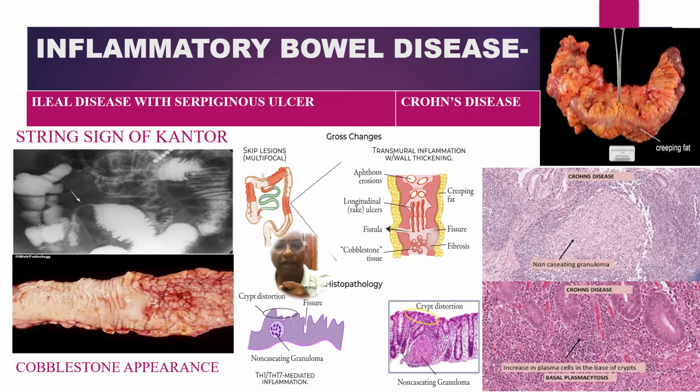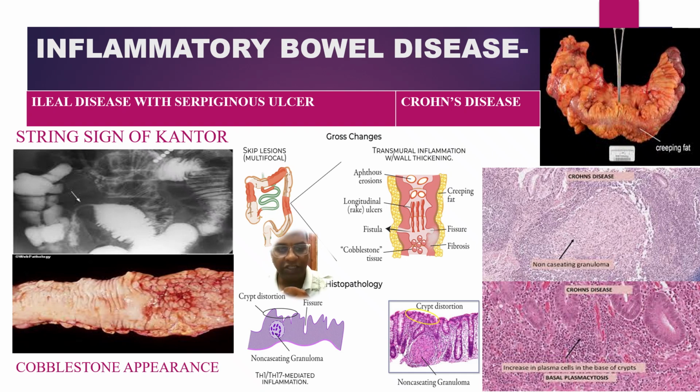Creeping fat appearance is characteristic of Crohn's disease. Okay, so skip lesions, transmural inflammation, aphthous ulcers, ileum is the most common site affected, rectum is spared, serpiginous ulcers. These are all the characteristic features of Crohn's disease.